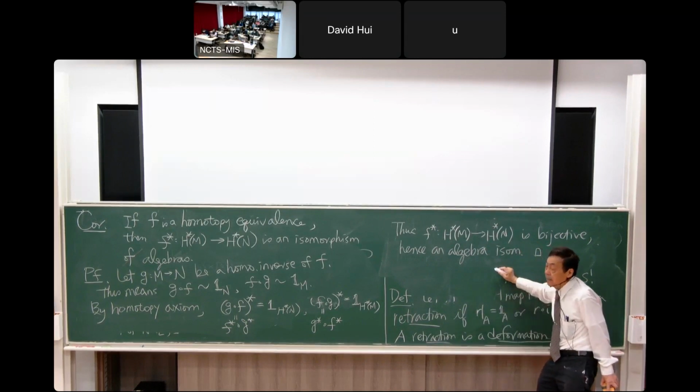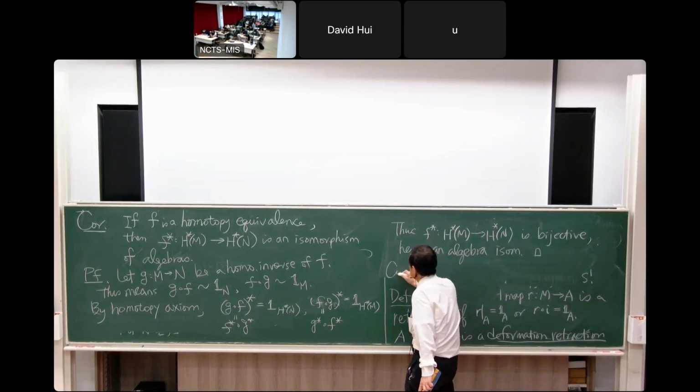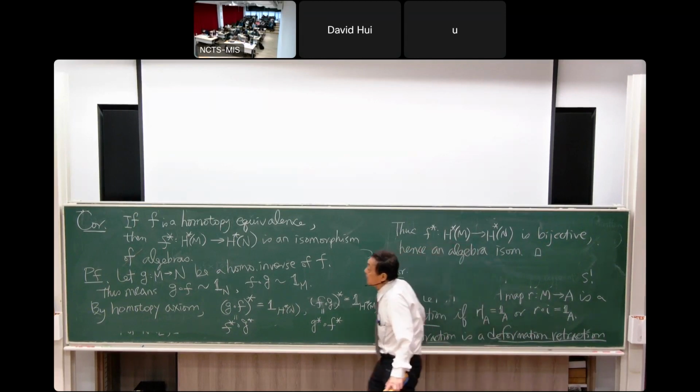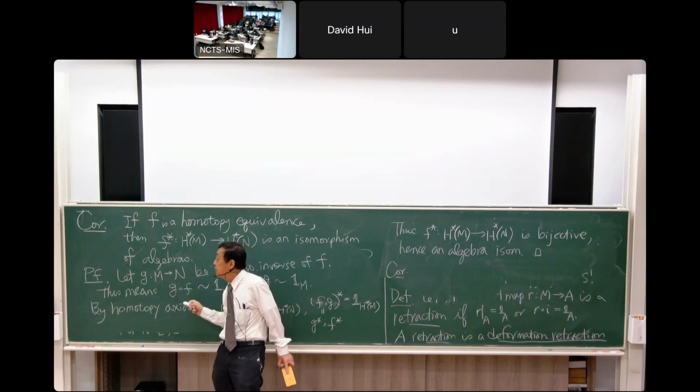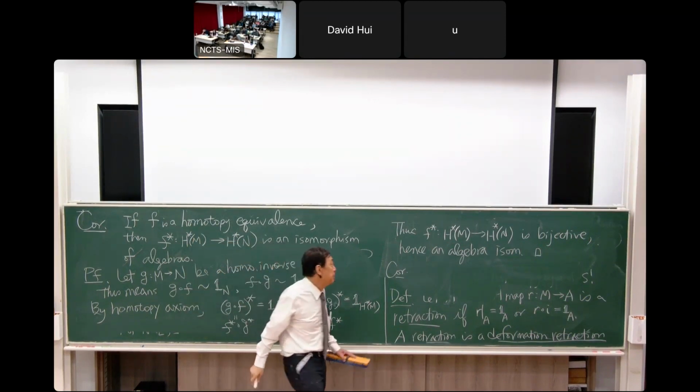Okay. Another corollary is that if M and N have the same homotopy type, then there's a homotopy equivalence between them, and that means there's an isomorphism between their cohomology.